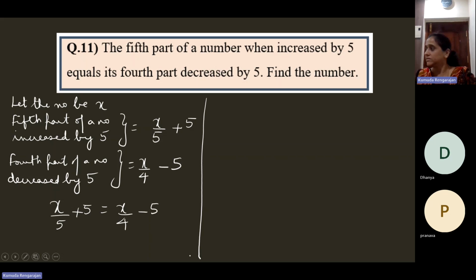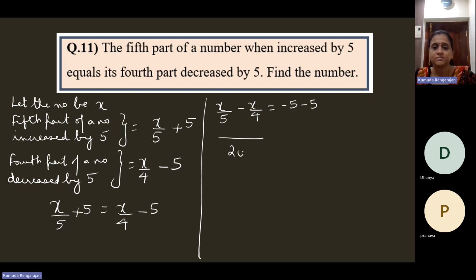Next step. x by 5 minus x by 4 is equal to minus 5 minus 5. Correct.